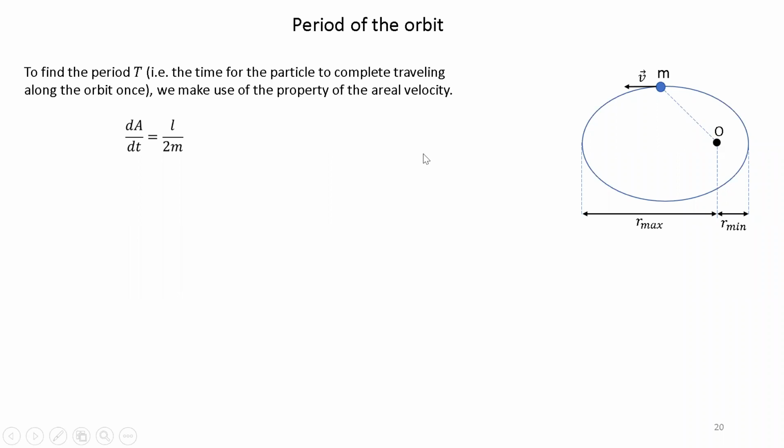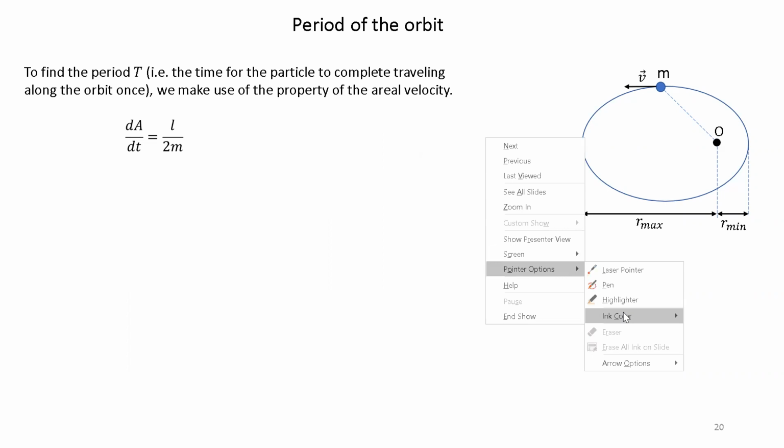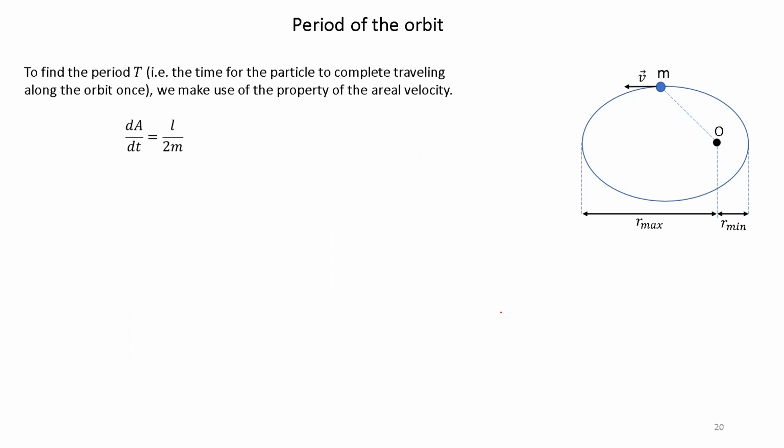Here, let's go back to one of the things that we learned early in the chapter, the so-called areal velocity. Remember that what it really means is that I have this position vector at a particular time, this is r at t.